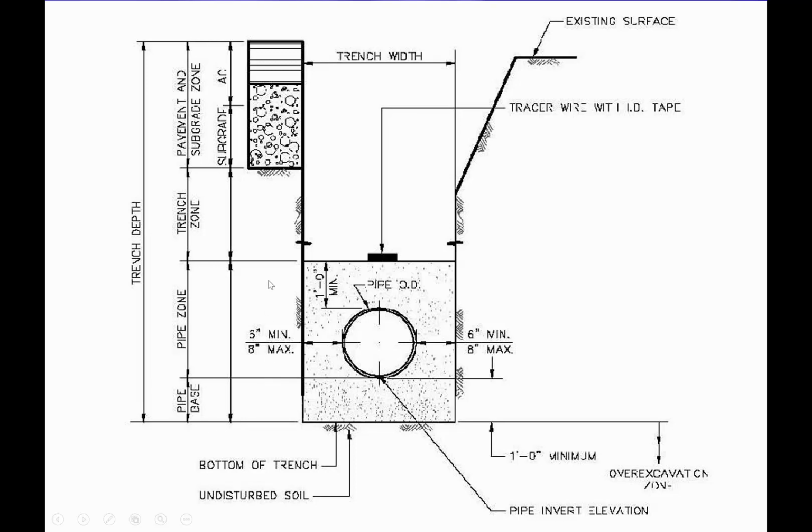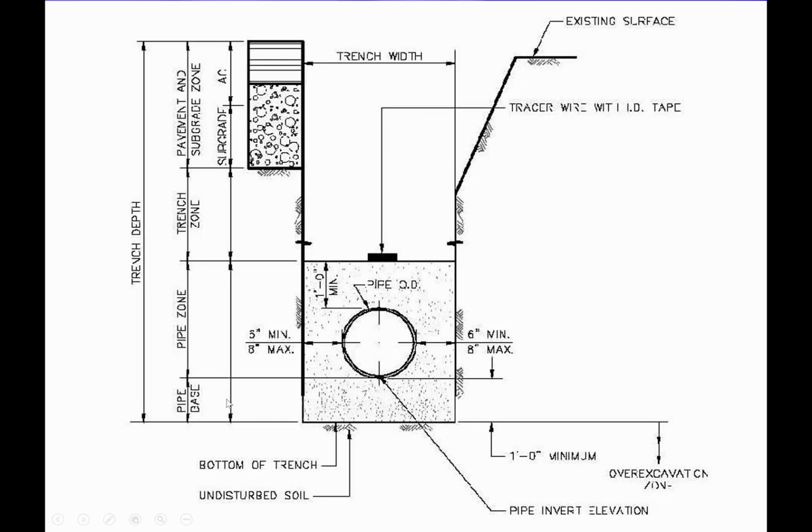The pipe zone is the area from the bottom of the pipe over to the top of our shading. In this case, this detail shows that shading is going to be 1 foot. That's not a universal requirement. That was the requirement for this particular project. It may vary a bit, but anywhere typically from 6 inches to 12 inches is pretty typical.